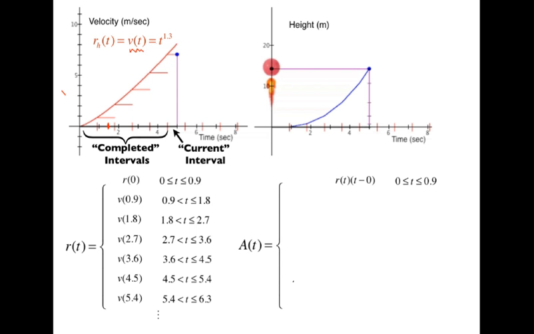So when we get to t equals 0.9, we pause. We want to know how much, according to the R function, how much height has accumulated. How would we express that?